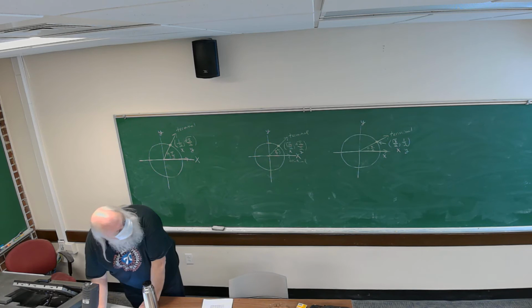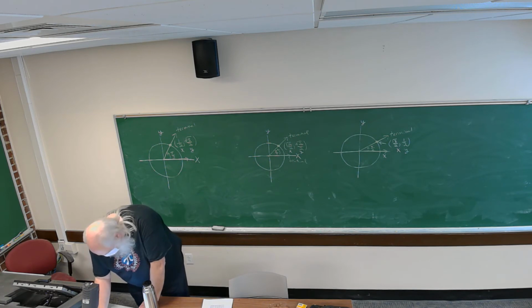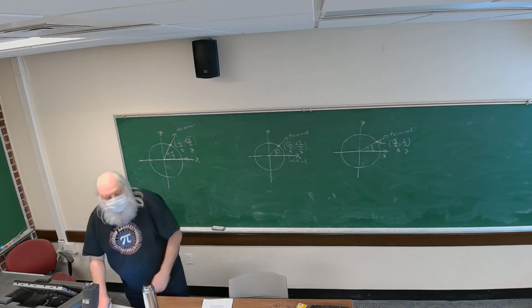And then in the third example, here's the angle t radians. The terminal side is here in the fourth quadrant. And so you can see the terminal side here and the positive x-axis make an acute angle.